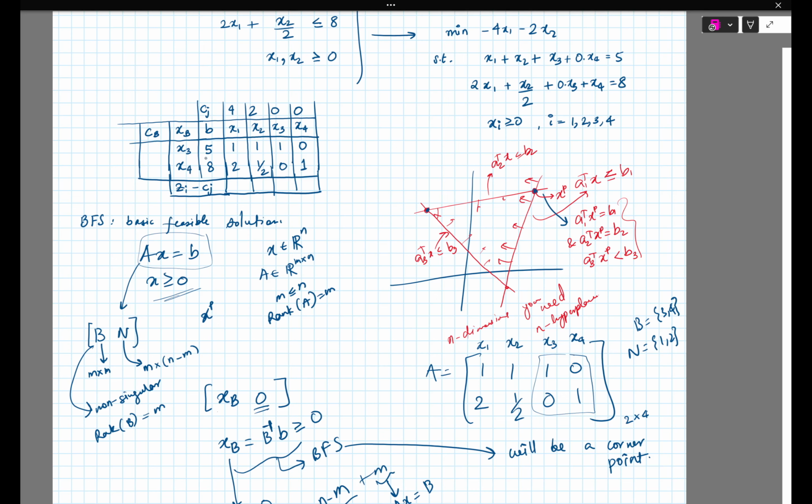And the cb is basically the coefficients of these basic variables in the objective, which is 0 0. Now the next step that you do is you compute this value zj minus cj.